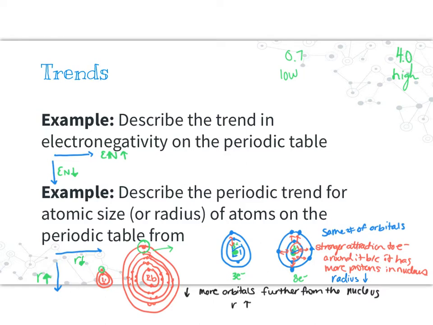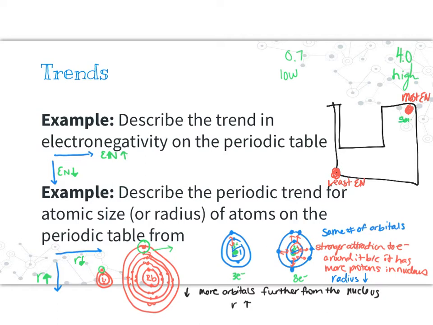If I were to draw a really basic periodic table, I would have something like this. I could say that the most electronegative element is here, and the least electronegative element is here. If I were taking those two pieces of information and also relating it to radius, the smallest radius is up here, and the largest radius is down here.